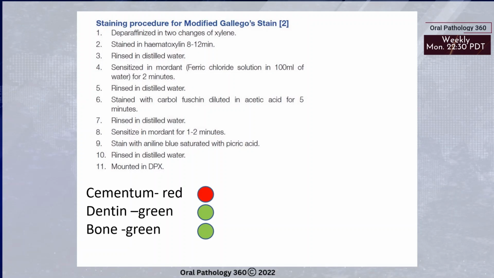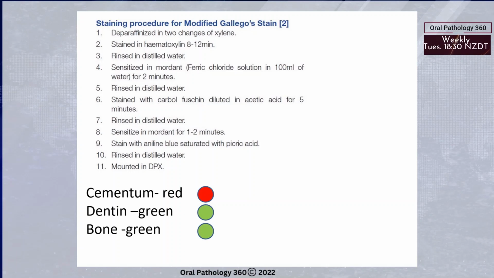So this is the procedure: deparaffinizing, 2 changes of xylene, stain in hematoxylin for 8 to 12 minutes, rinse in distilled water, sensitize in mordant for 2 minutes, rinse in distilled water again, stain with carbol for 5 minutes, rinse in distilled water, sensitize in mordant for 1 to 2 minutes, stain with aniline blue saturated with picric acid, rinse in distilled water and mount in DPX.